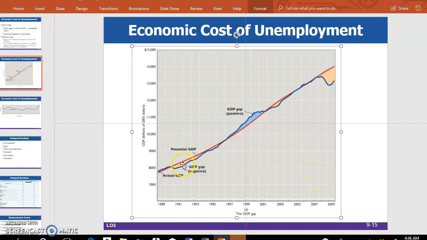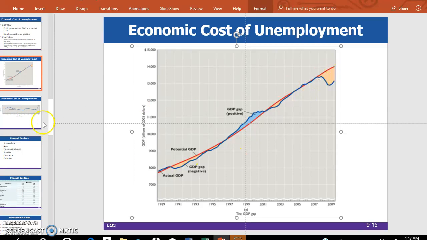And so whenever we have a recession, like in 2007, 2009, unemployment rate was very high. So actual GDP, the blue line, fell below the potential GDP, and look at this yellow shaded area in here. That shows us the size of the GDP gap. And of course, the GDP gap was always negative in the recession.